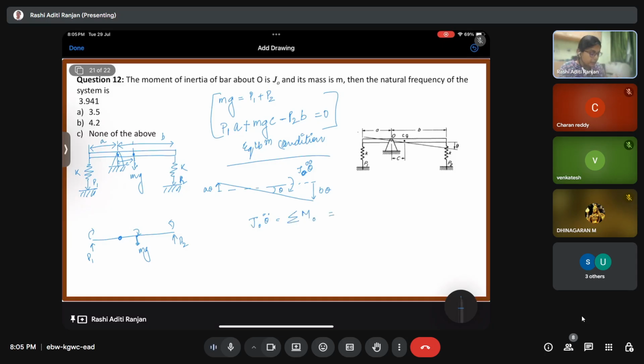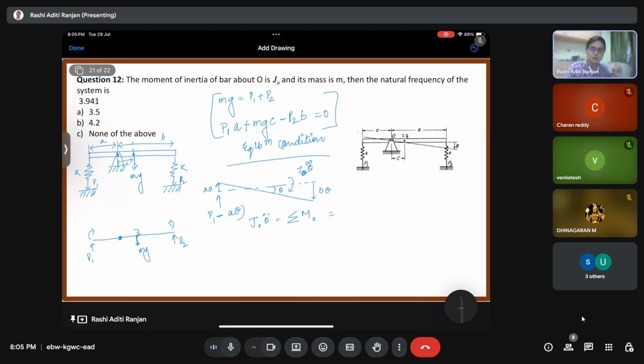which will be nothing but, see, here we have two things. P1 was already acting in the upward direction, right? Now, since the spring has elongated, because of that elongation, the spring is going to stretch itself. So this P1 will get replaced by minus of A theta.